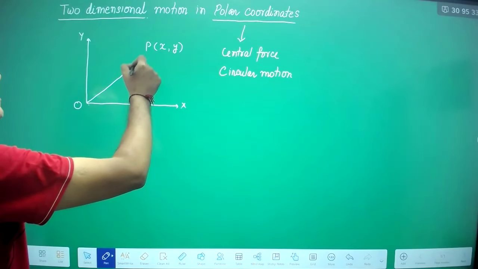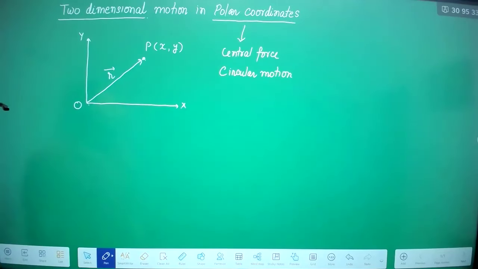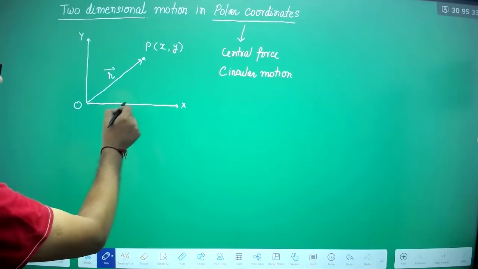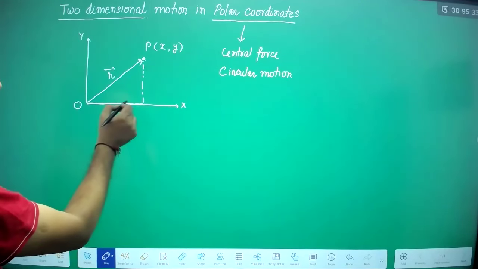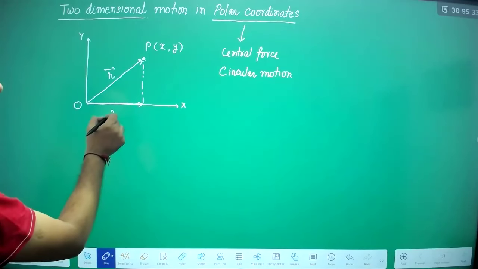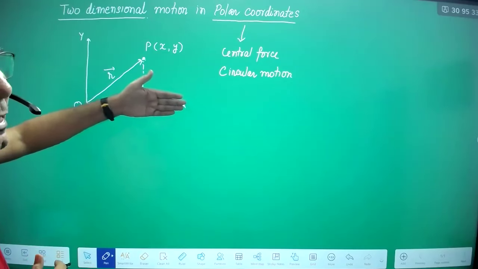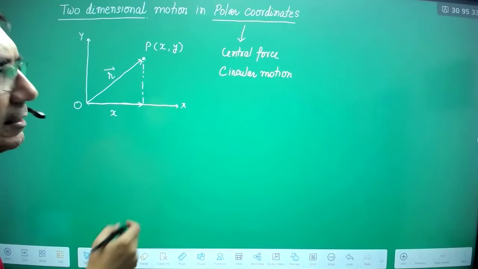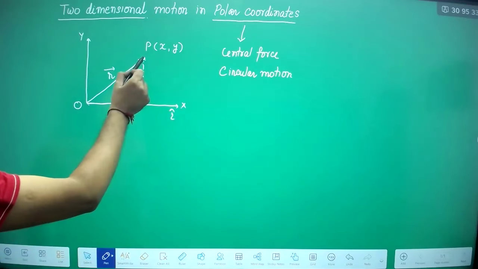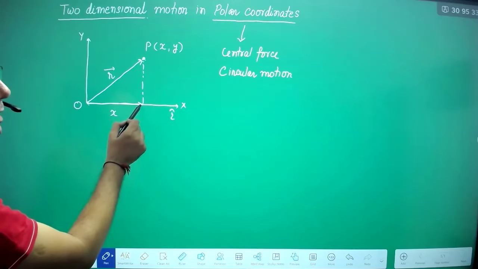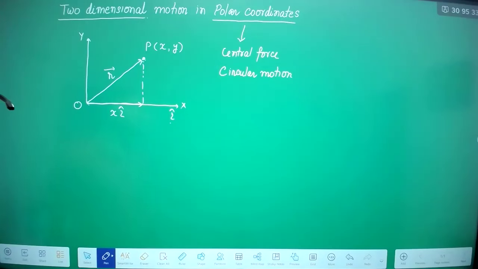The position vector will be represented by the r vector. What will be this r vector? First, we move in the x direction by a distance x. How do you represent this direction? By the unit vector i cap. So to reach this point, first you move in the i cap direction by a distance x, so this will be x i cap.